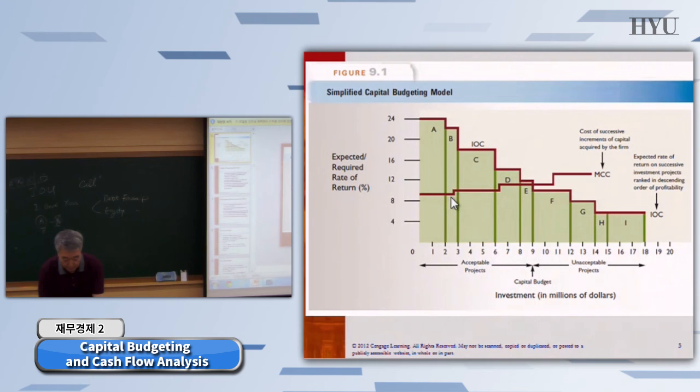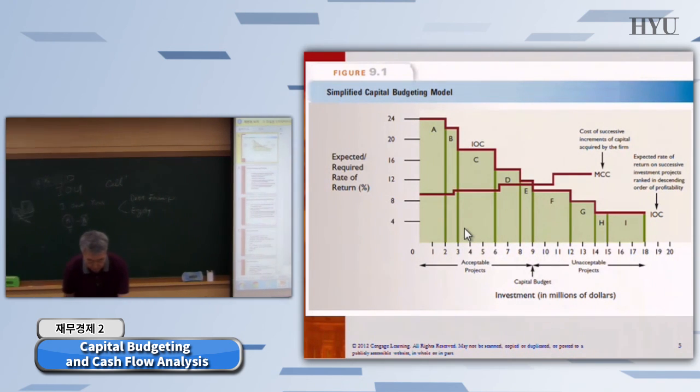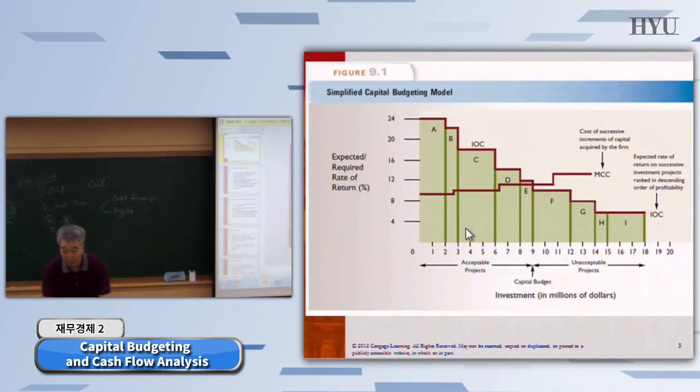And then if they need more money, if they want to raise more money, the next segment is about what? 6.4 minus 2.7. How much is that? 3.7, right?